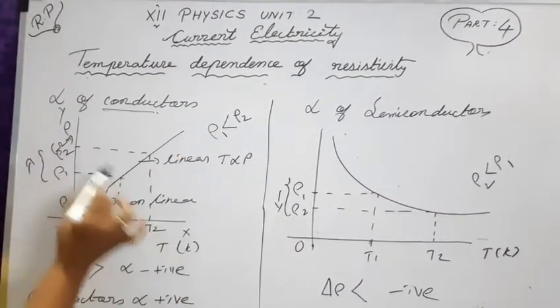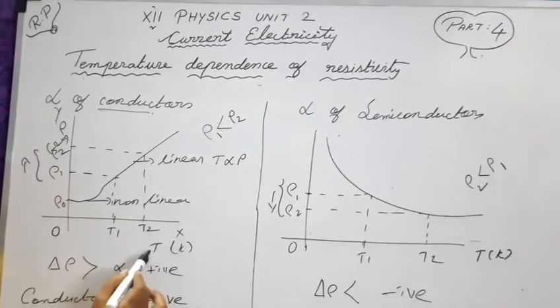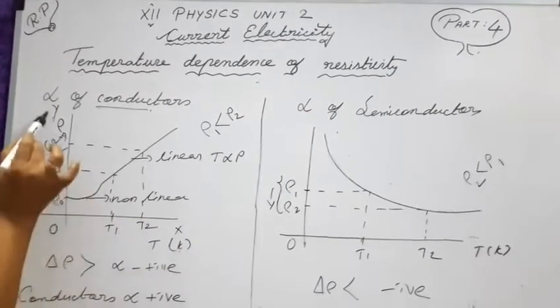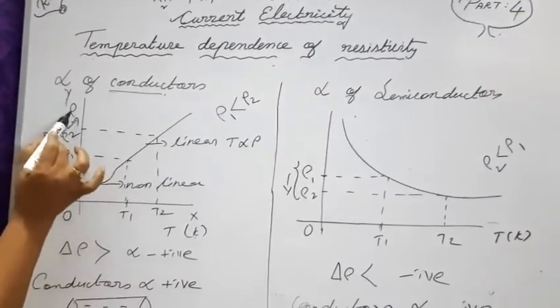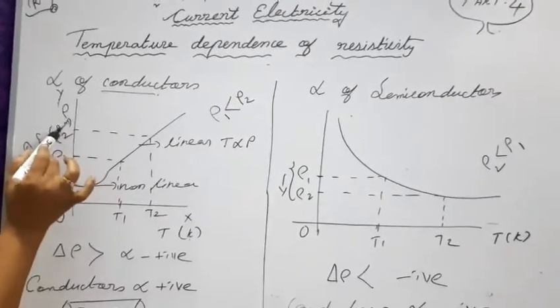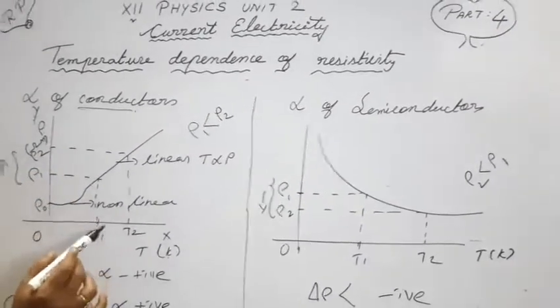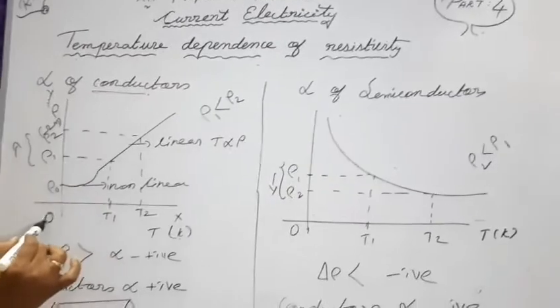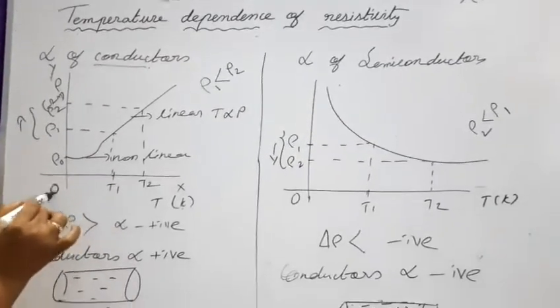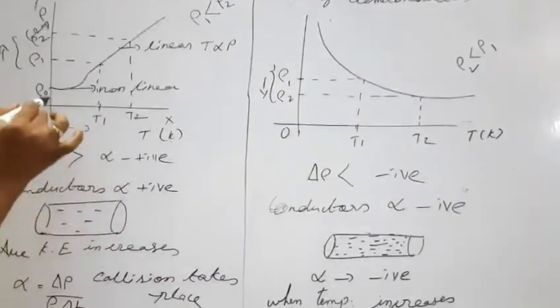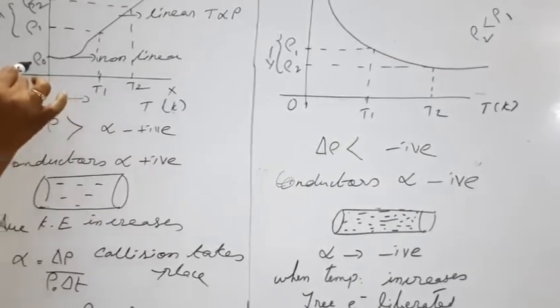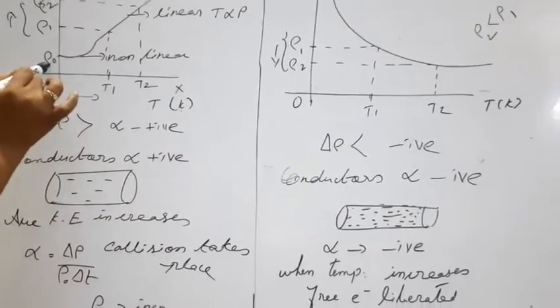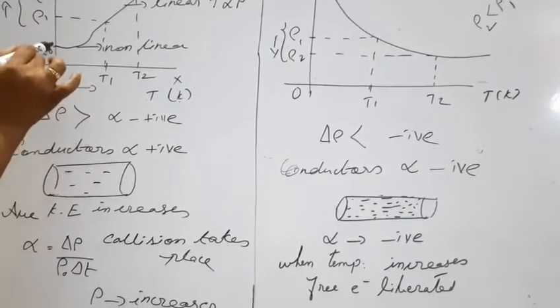Here we can take the x-axis and y-axis. On the x-axis we take the temperature, which is in Kelvin. On the y-axis we take the resistivity, whose unit is ohm meter. And here we are taking the zero origin. When the temperature increases, the rho value increases. The increasing rho value we denote as rho naught.